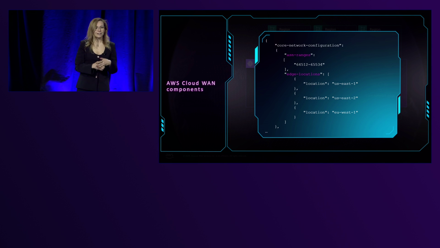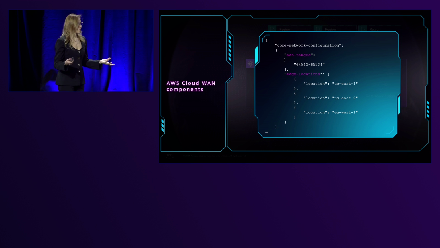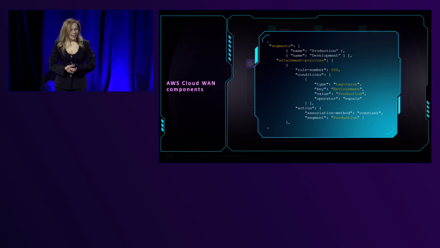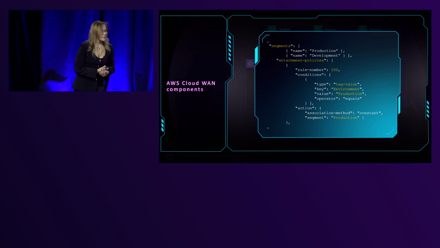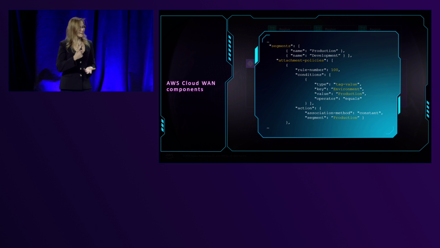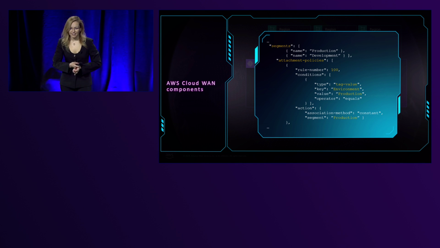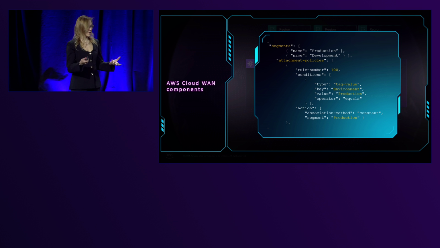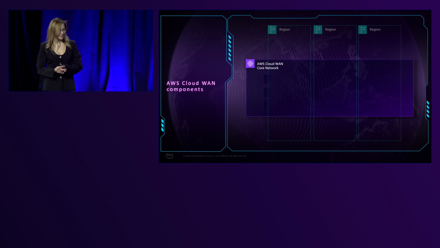Here's where you would define the edge locations, which is where your Cloud WAN core network lives. And here's where you define, for example, attachment policies. And we're going to see in a second what these attachment policies do, so that you don't have to go and manually configure every single attachment in your environment to a construct like Cloud WAN.